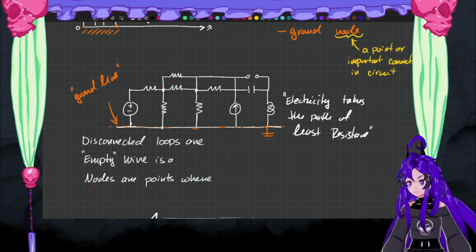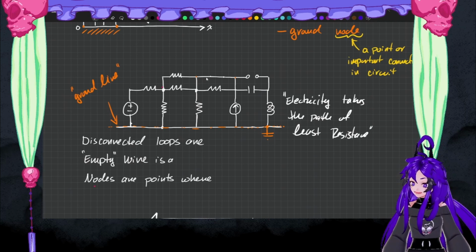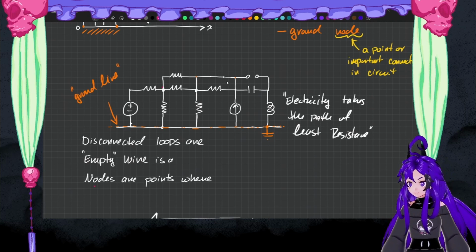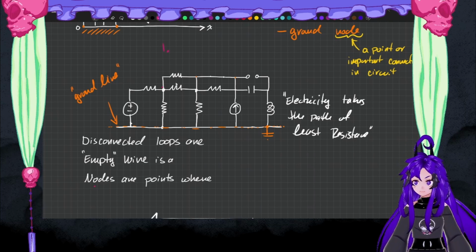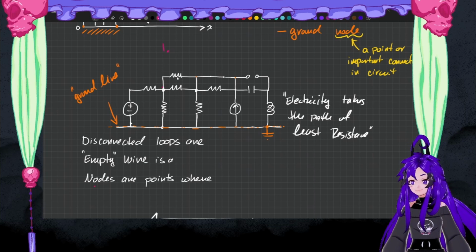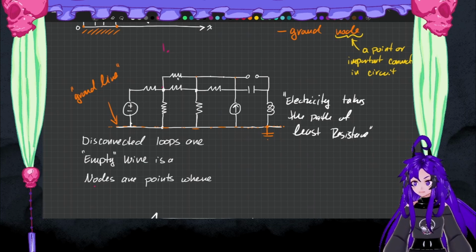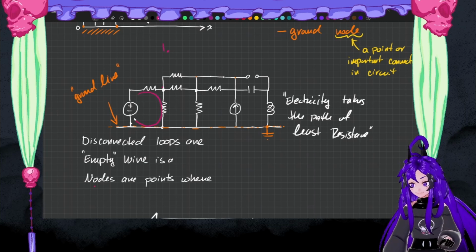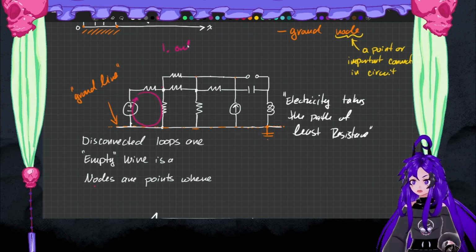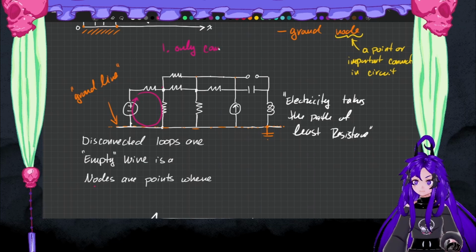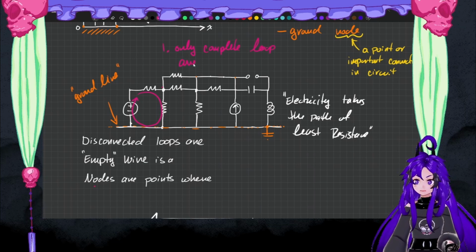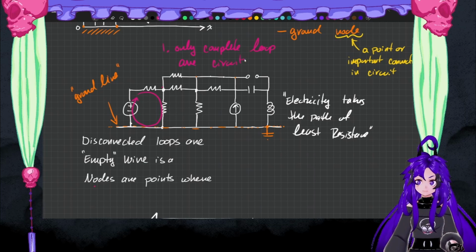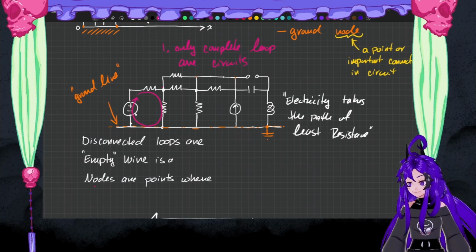For now, let's go ahead and look at the rest of the anatomy of a circuit. First of all, only complete loops are considered circuits. This is a circuit. So only complete loops are circuits, right? That's a loop.